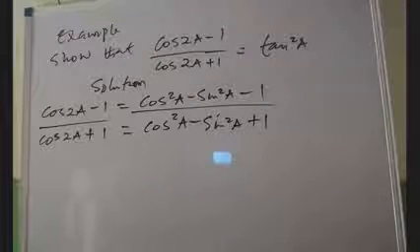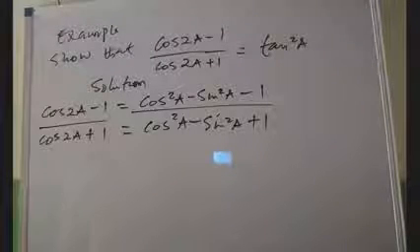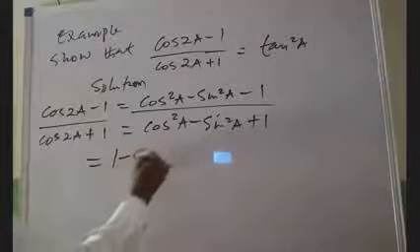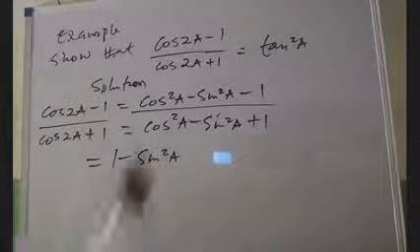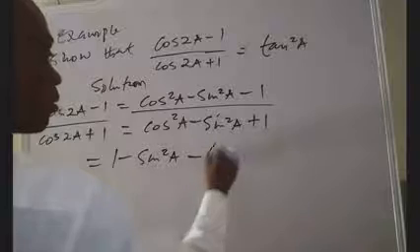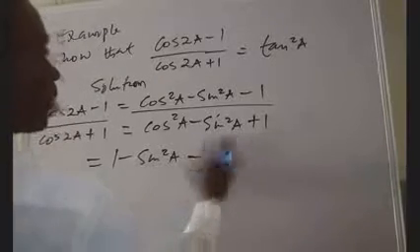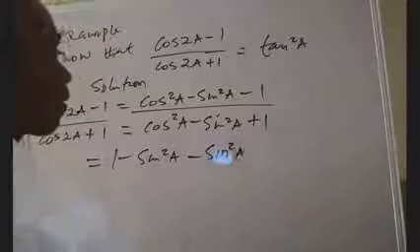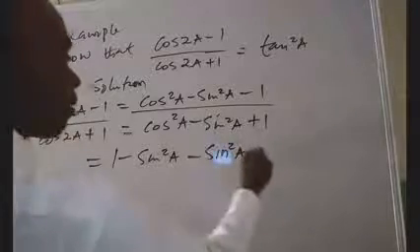So, if I replace cos square a with 1 minus sine square a, this will give me 1 minus sine square a minus sine square a minus 1.